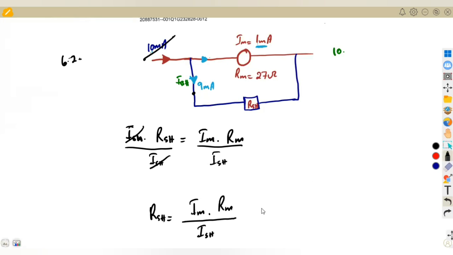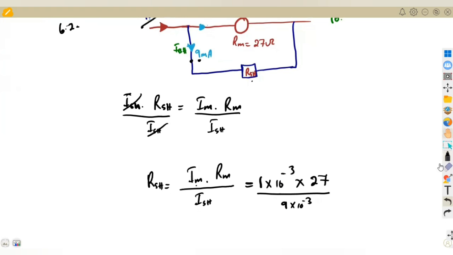So we can simply substitute the current across the meter, 1 milliamp, so that's 1 times 10 to the exponent of minus 3, times Rm, which is 27, over the shunt current, which is 9 milliamps, so 9 times 10 to the exponent of -3.